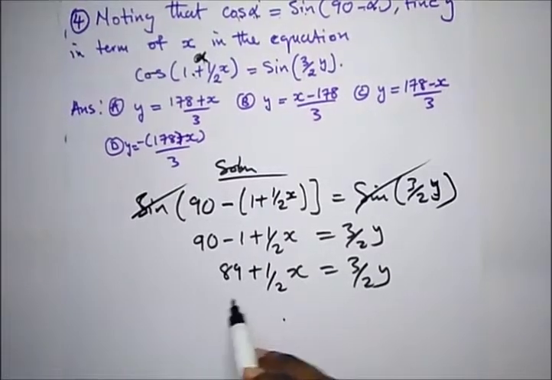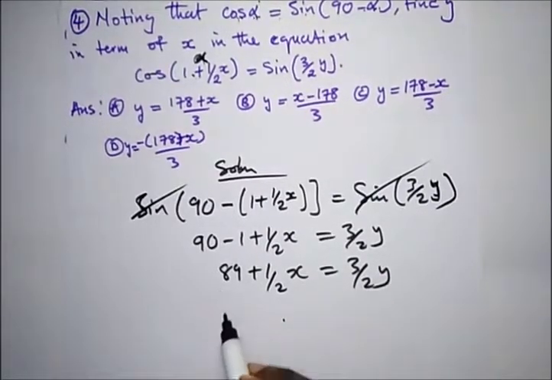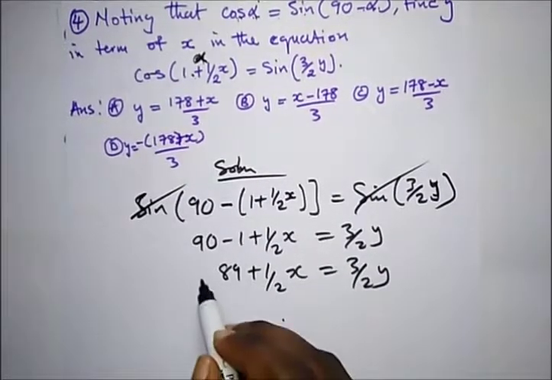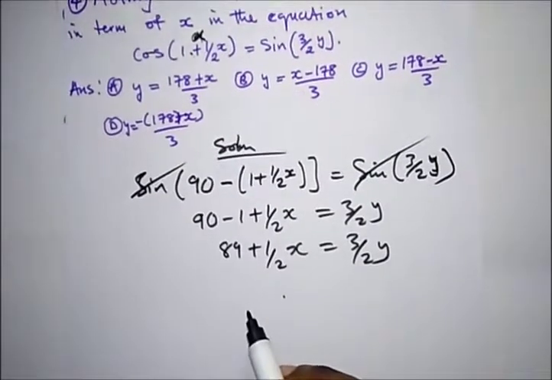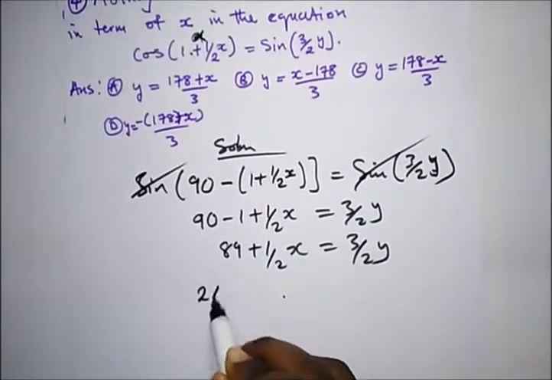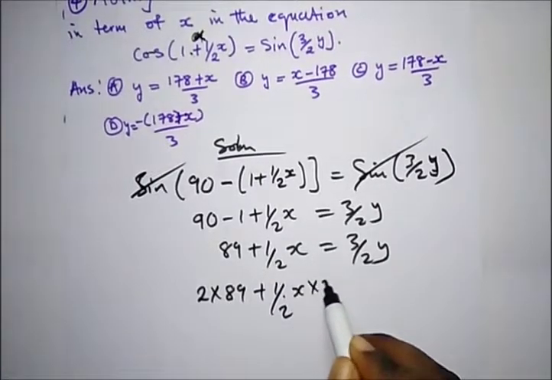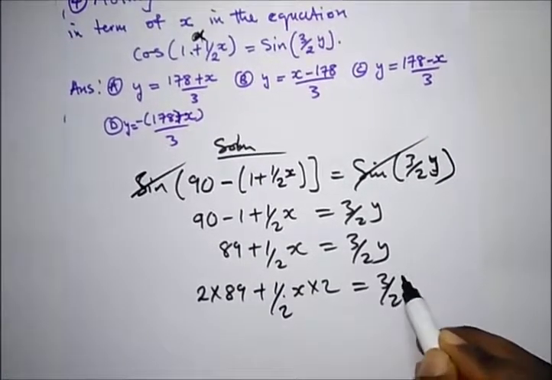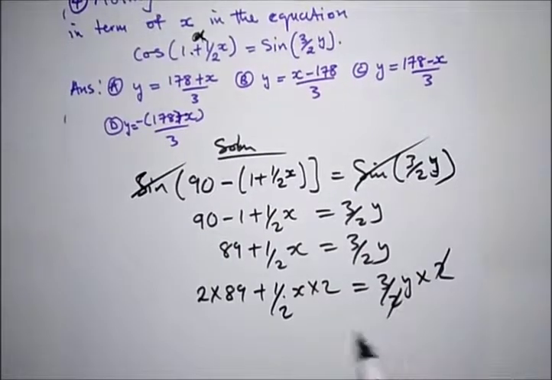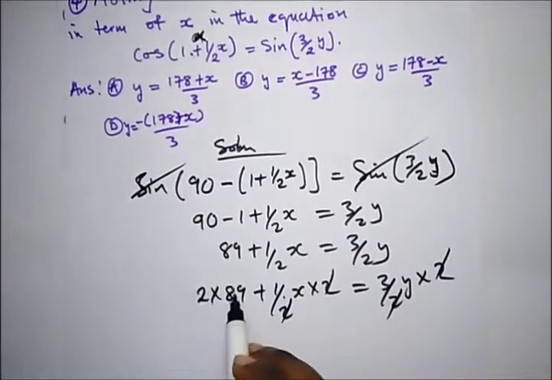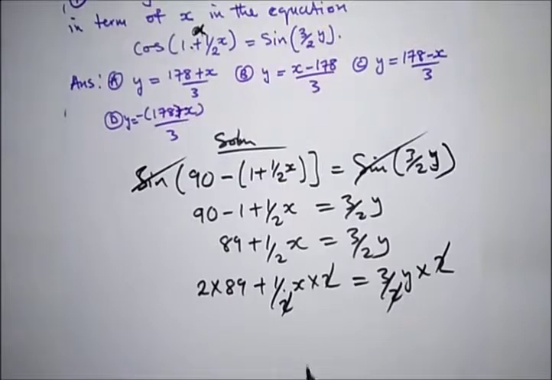Multiply both sides by 2. Let's write this down here so that you would understand better. 2 times 89 plus 1 over 2x times 2 equal to 3 over 2y times 2. This will cancel this, this will cancel this. 2 times 89, that is 178.